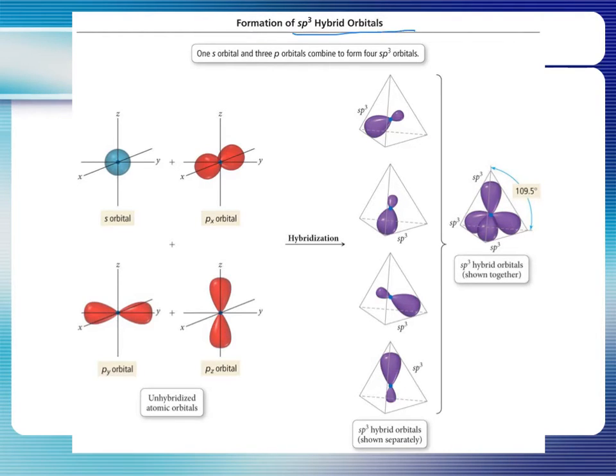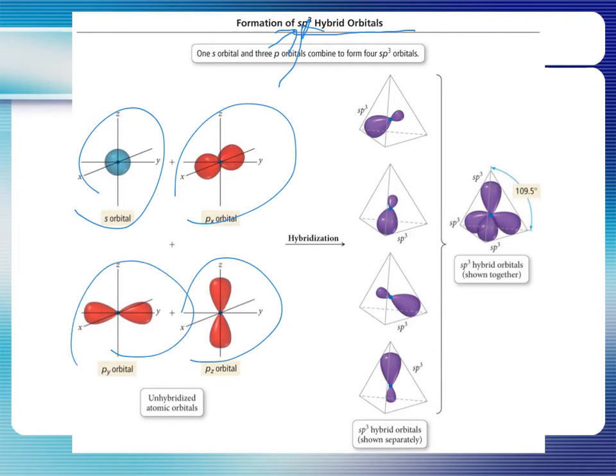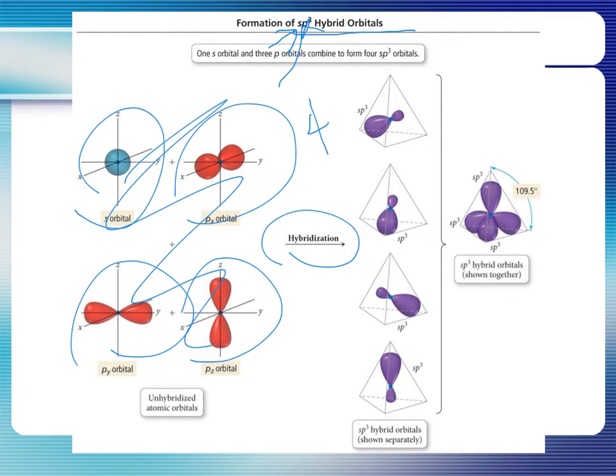And here's how an sp3 hybrid forms. Notice it's made from one s orbital and 3 p orbitals. Here's our s, here's our 1, 2, 3 p's. You mix them all together, and what you get are 4 equivalent sp3s. If you put all those sp3 hybrids together, they make a tetrahedral shape.